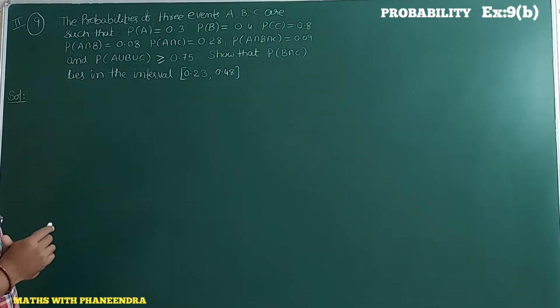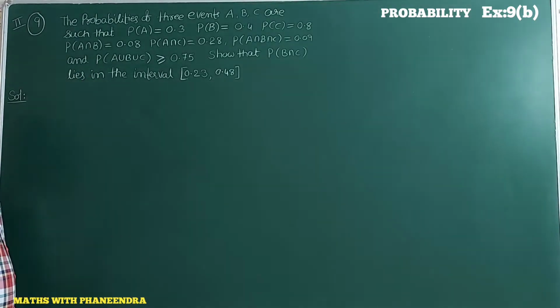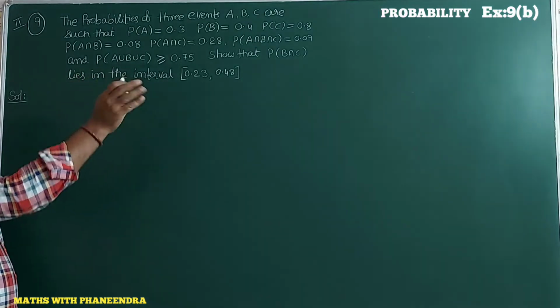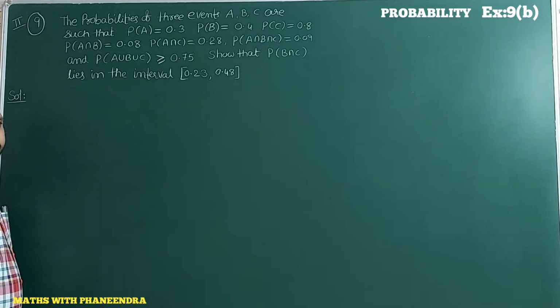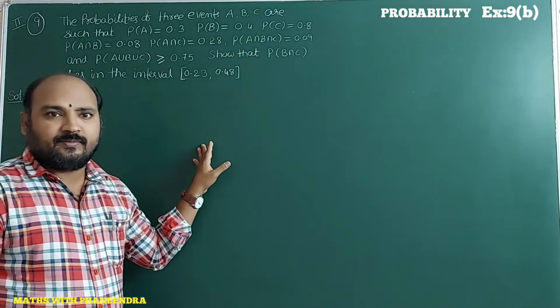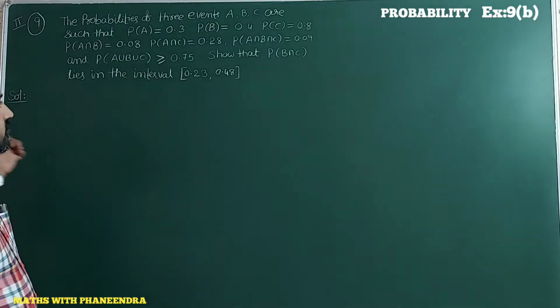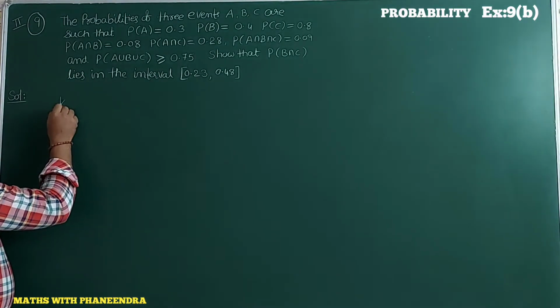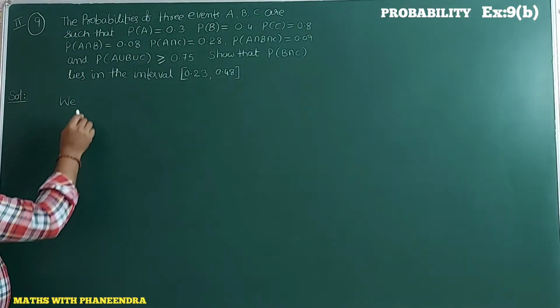Before that, the probabilities of three events are given now: P of A, P of B, P of C, and their intersection probabilities are also given. We know that any probability is always less than or equal to 1. This is the standard result. In this sample space, three events are there.